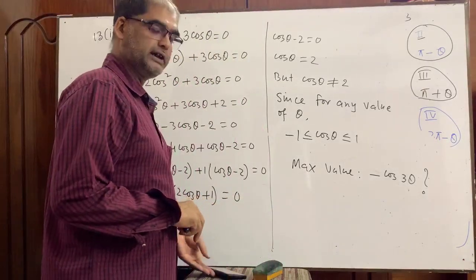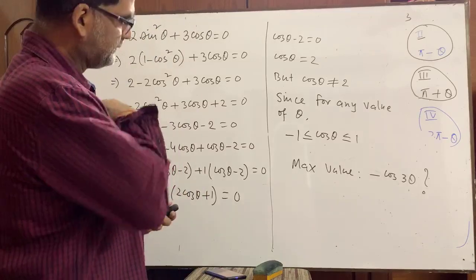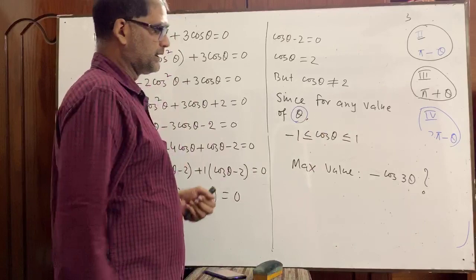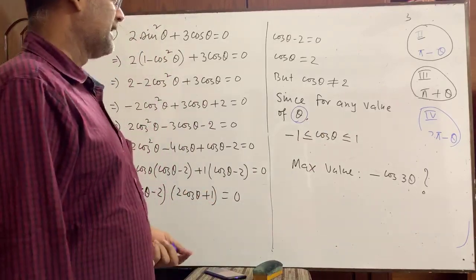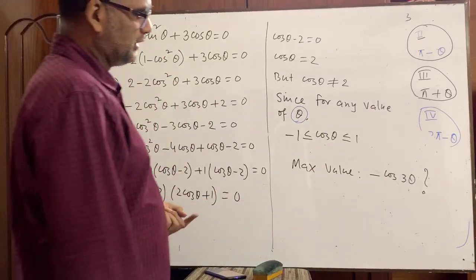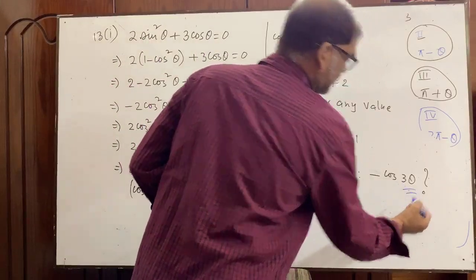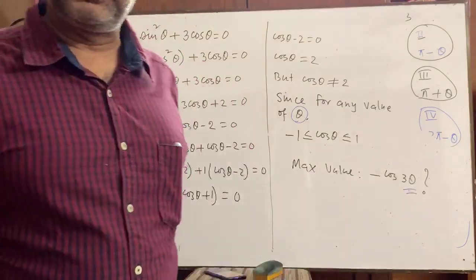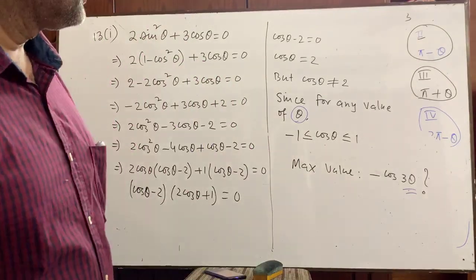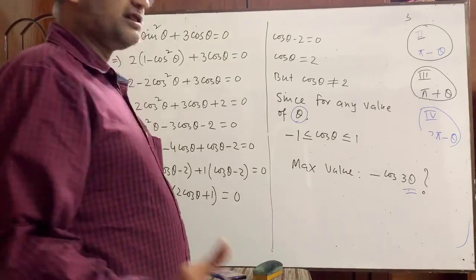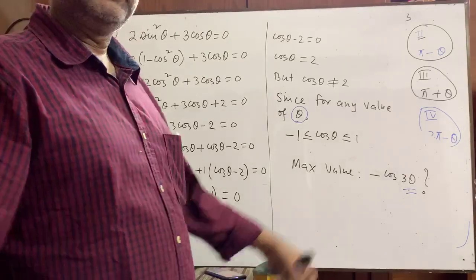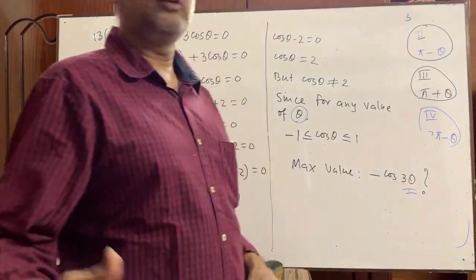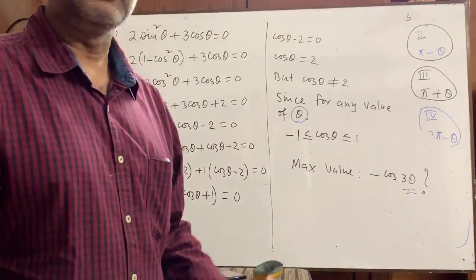You see, for any value of theta, the maximum value of cos theta is 1. It is immaterial whether it is 3 theta or 100 theta or 1000 theta or billion theta. Suppose theta equals 10 degree, so some of you can take 3 into 10, 30 degree.